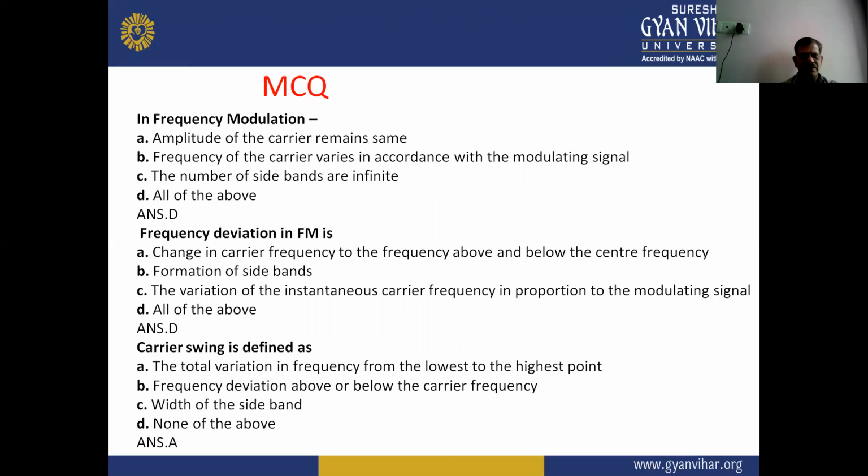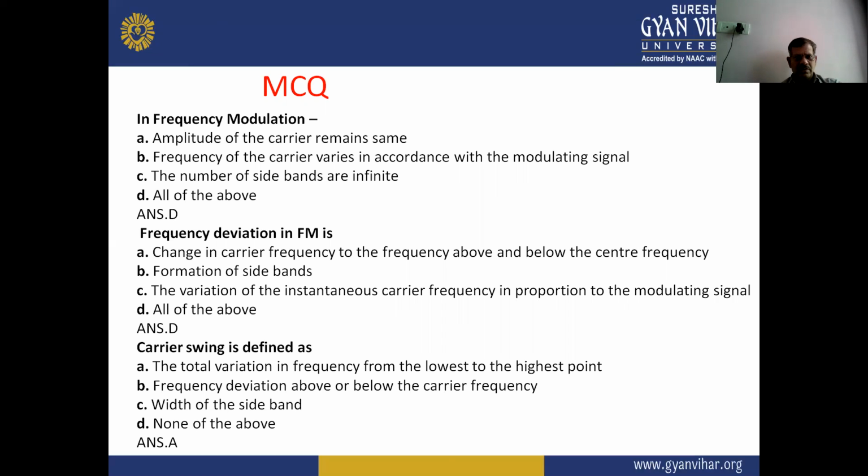Option B, frequency of the carrier varies in accordance with the modulating signal. Option C, the number of sidebands is infinite. Option D, all of the above. So here the correct option is D for frequency modulation. All options are correct.